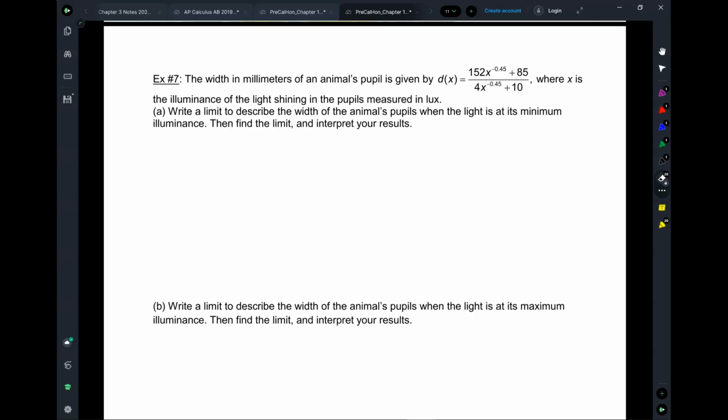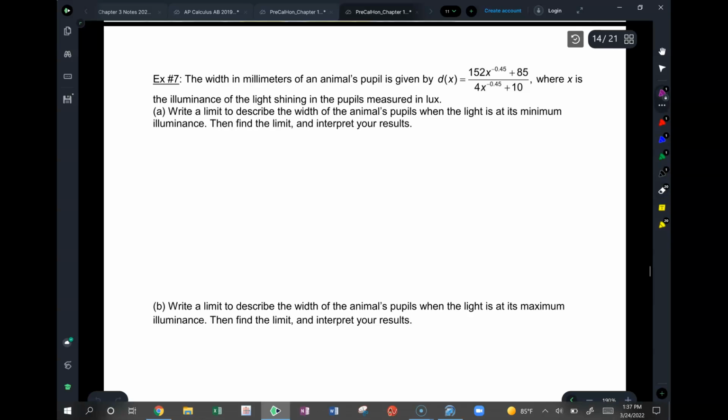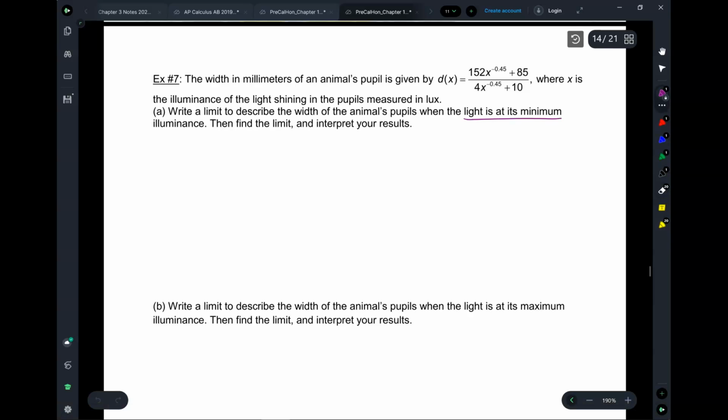Now it says write a limit to describe the width of the animal's pupils when the light is at its minimum. Then find the limit and interpret your results. So this is basically the limit of d of x when the light, which is x, approaches 0.